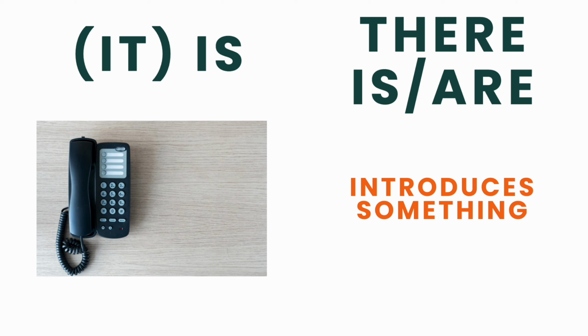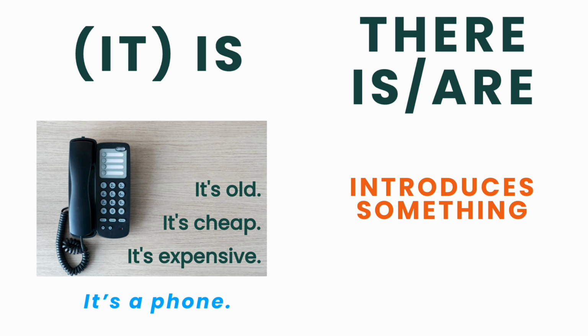If I want to use it is, it's because I want to describe this thing, and I say it's a phone. Also, I could say it's a black phone, it's old, it's cheap, or it's expensive, whatever. So you see, all its sentences describe something. In this case, the phone.